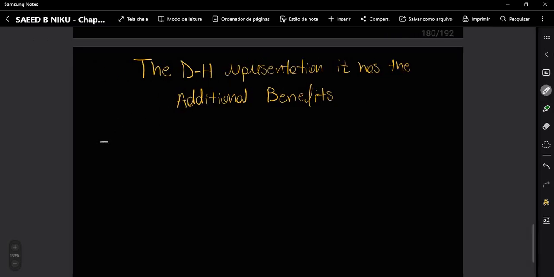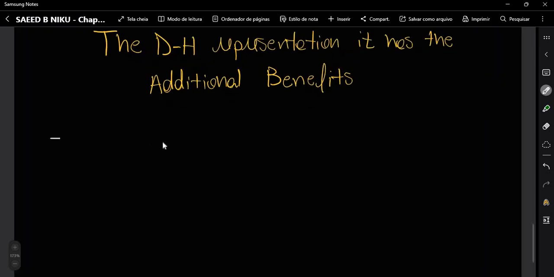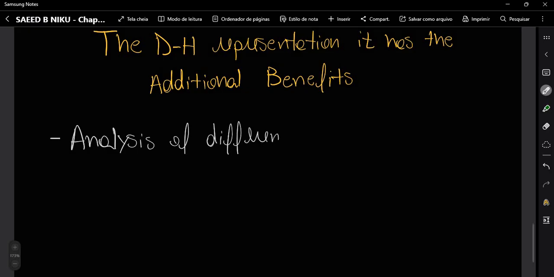So using DH we can do the analysis of differential movements.